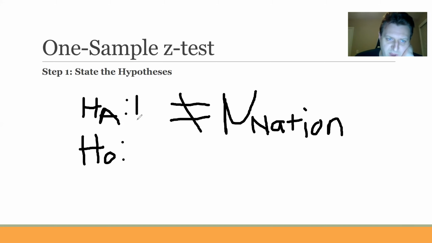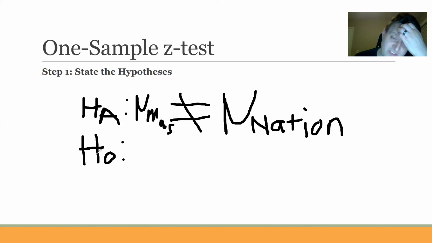So what we're going to write here is another mu, because we care about the population mean, but that of the Mac users. Not the most beautiful Mac, but it will suffice. So the mu, the population mean of creativity for Mac users, is not equal to the population mean of everybody in the nation. That's our alternative hypothesis.